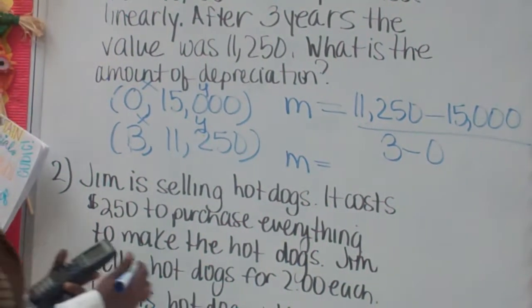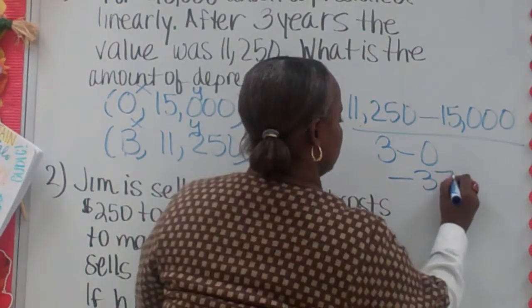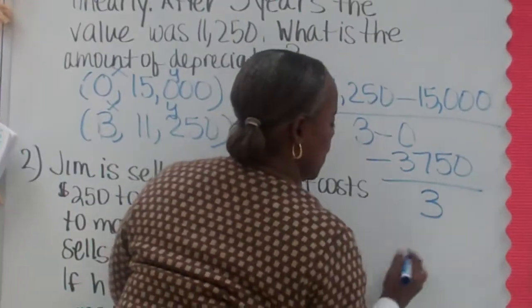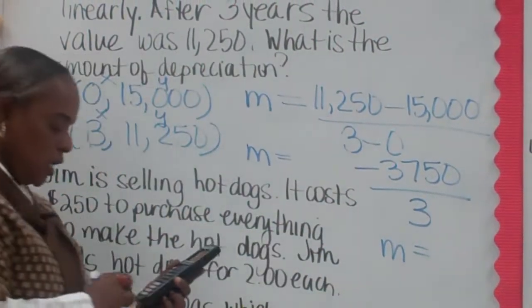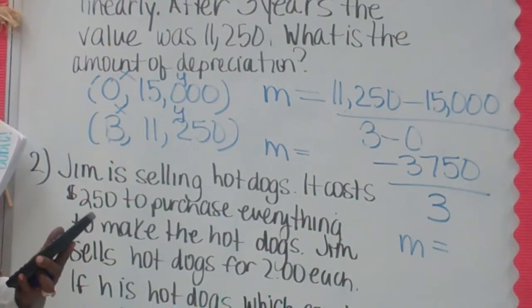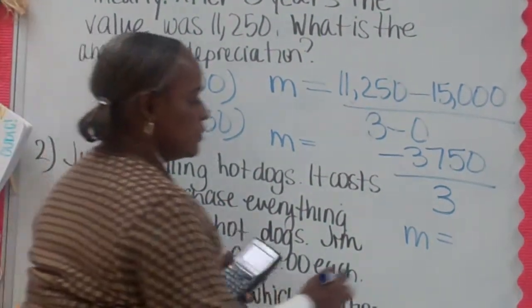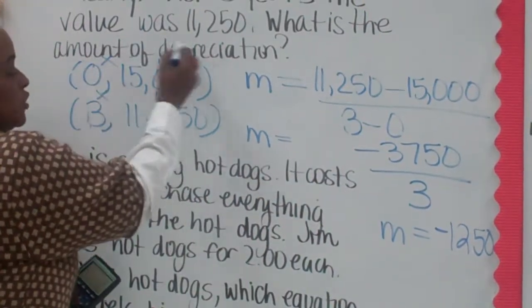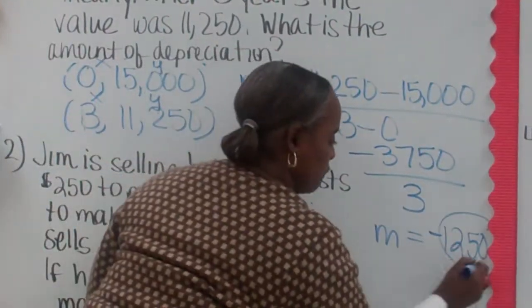Okay, we get negative 3750 divided by 3 minus 0, which is 3. So we have M equals negative 3750 divided by 3, which is negative 1250. So the amount of depreciation is 1250.